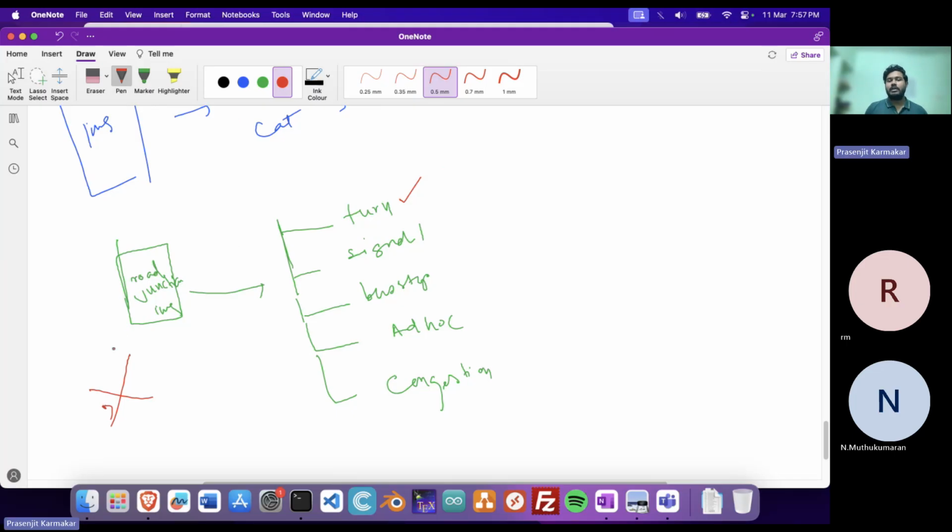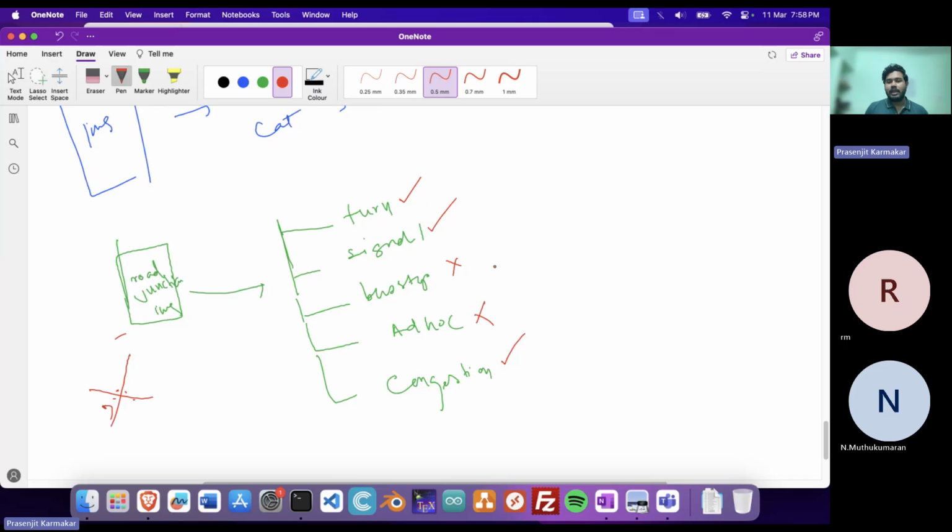From the image, I can classify it as a turn. There are always signals here and there in road junctions, so I can also classify it as a signal, but it might not be an ad hoc stop. It may or may not be a bus stop. Let's consider it is not a bus stop at a signal. And let's say there might be some congestion from time to time, so it can also be classified as congestion.